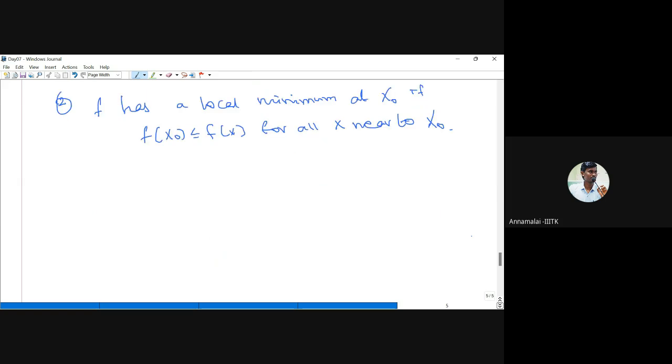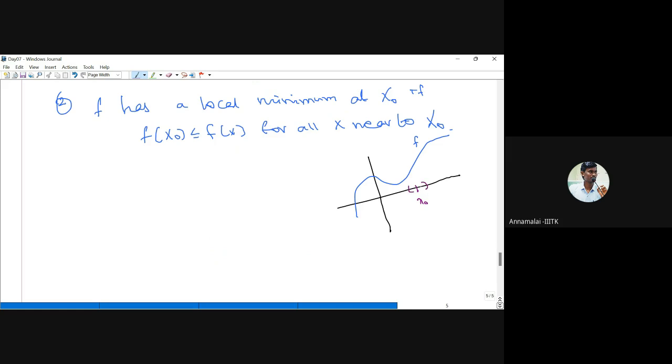In the simple case, let me explain what is meant by local using a graph. Suppose this is the domain and this is a function f, defined on some interval. Suppose we want to find the local maximum, and I fix some point x naught here. What does local maximum mean? Suppose you consider some neighborhood of this interval.